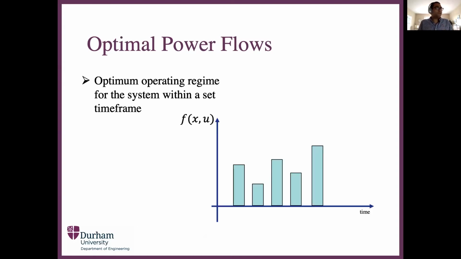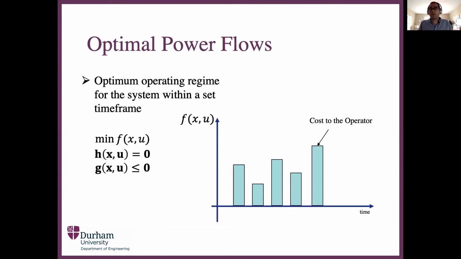So you have some sort of function, more or less, it's basically a cost to the generators. If it's a fossil fuel plant, it's literally the cost of the fuel that you put into the generators, how much it costs. And it gives you the cost to the operator at any point in time. So for 24 hours, for example, you get 24 snapshots of that cost to the operator.